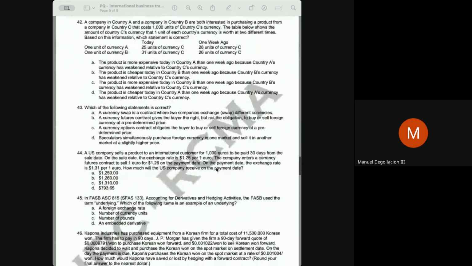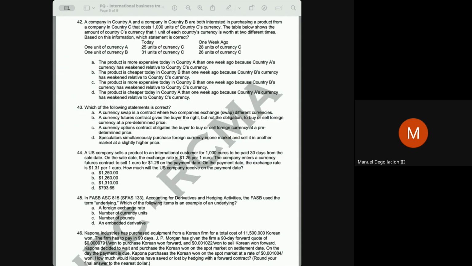Okay, so 43, which of the following statements is correct? A currency swap is a contract where two companies exchange or swap different currencies. That's correct. But let's just go over the other choices.